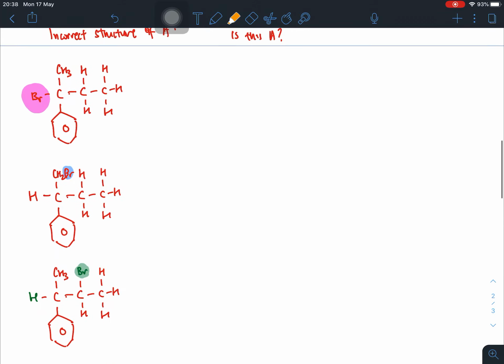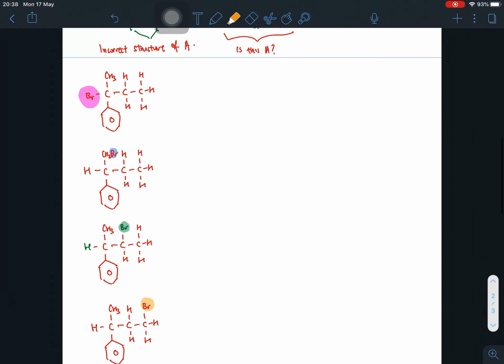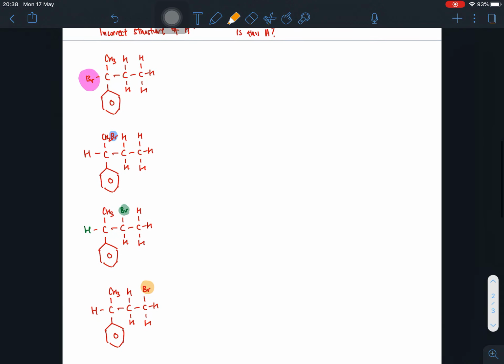Okay, so these are 4 different products, which is what we are looking out for, A that undergoes free radical substitution on the side chain.